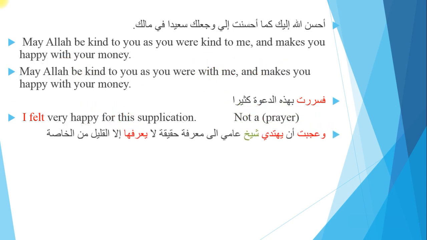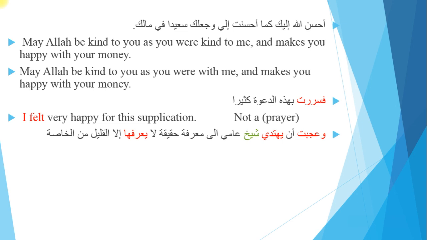وعجبت أن يهتدي شيخ عامي إلى معرفة حقيقة لا يعرفها إلا قليل من الخاصة. First of all, let's understand what the meanings of عامي and الخاصة are. عامي, شيخ عامي, since it's a fisherman, just a fisherman, let's say that he is from the ordinary people.